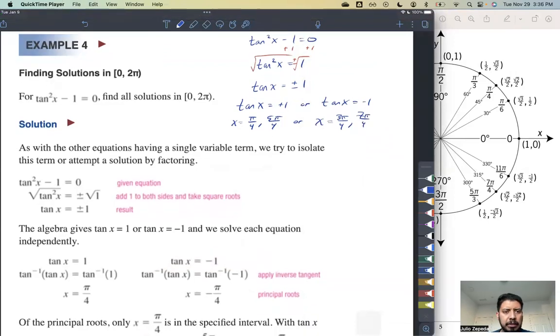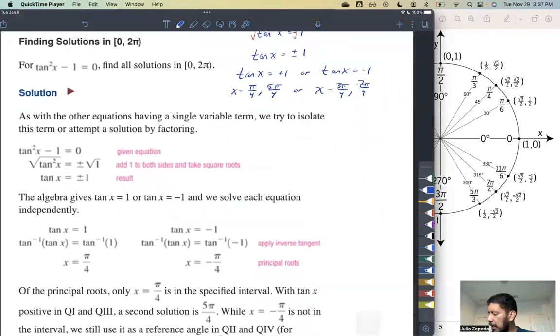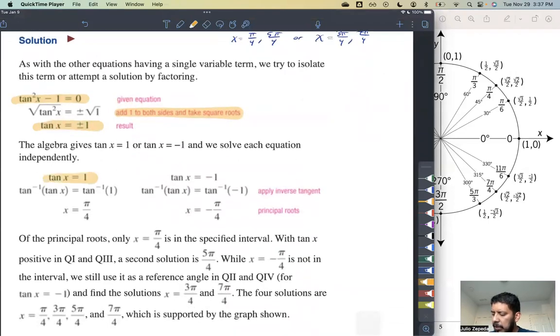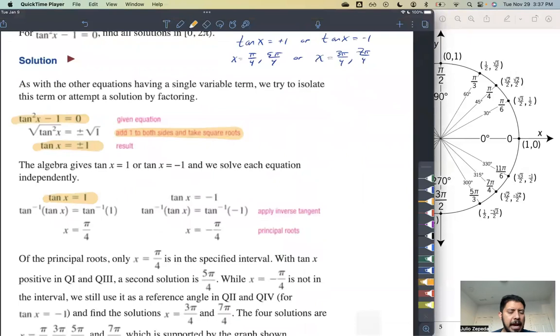So let's take a look at their solution here in the textbook. It's very similar. I mean, the steps were all the same. You add the 1 to the other side and take square roots, and then you get a plus or minus 1. And so they approach it this way. You get this equation where once I got this equation here, I just look at the unit circle and find the answers.